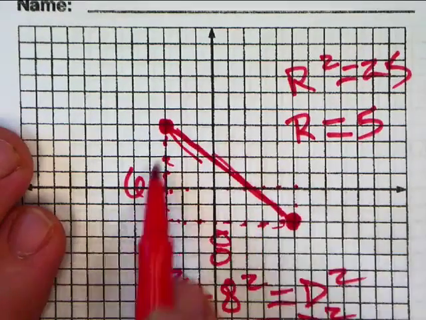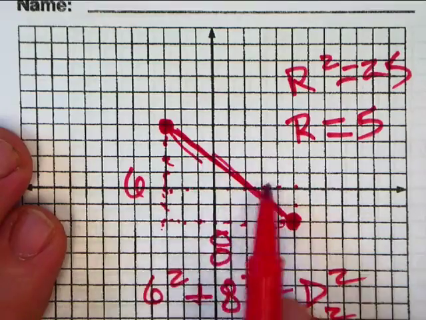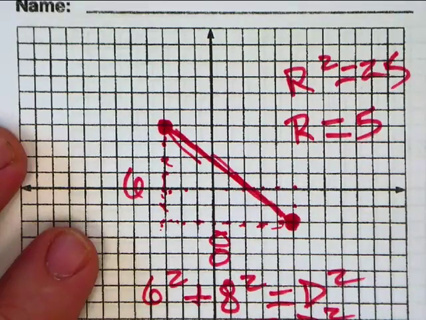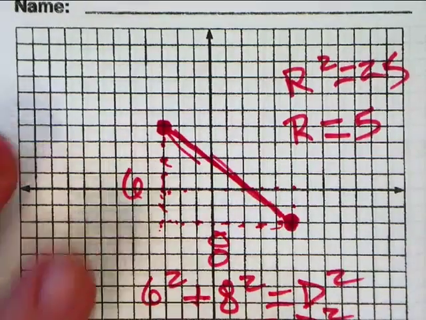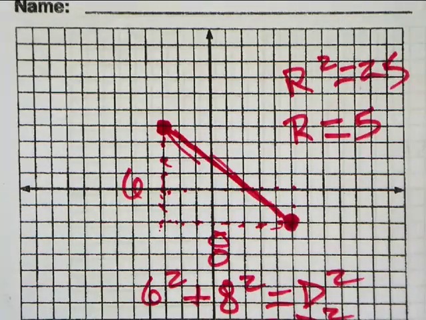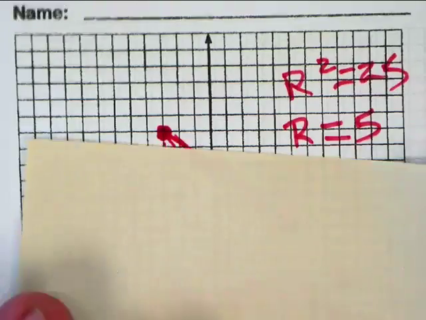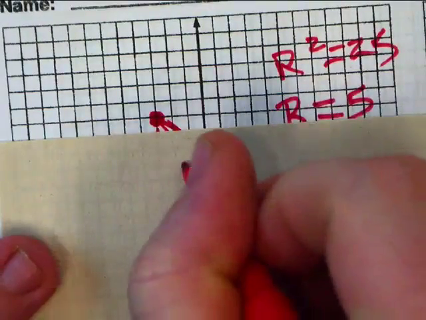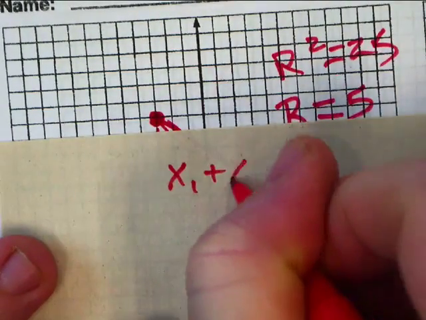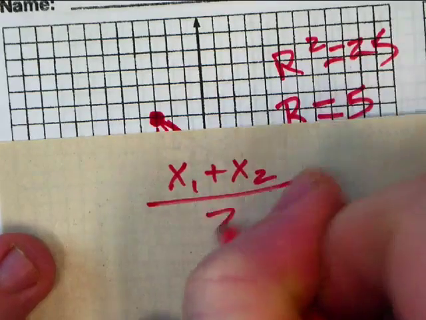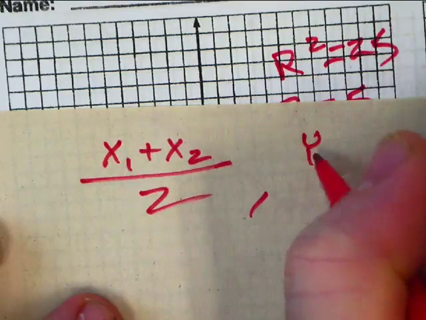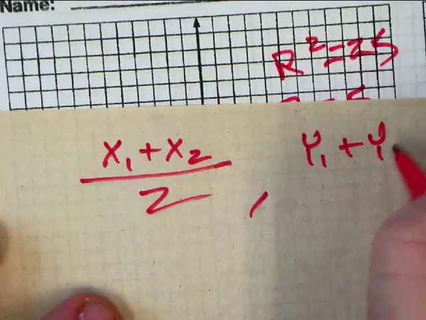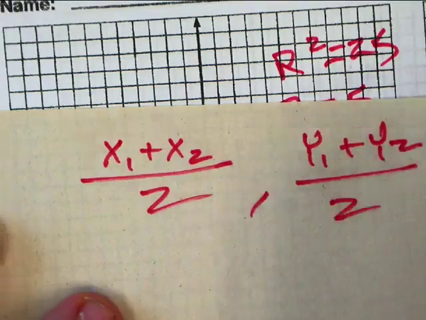We don't see the center of the circle anywhere. It's somewhere right in the middle there. Well, to find that, you have to find the midpoint between those two. The midpoint formula is simply: you take x1 plus x2 and take half of that, comma, y1 plus y2 and take half of that.